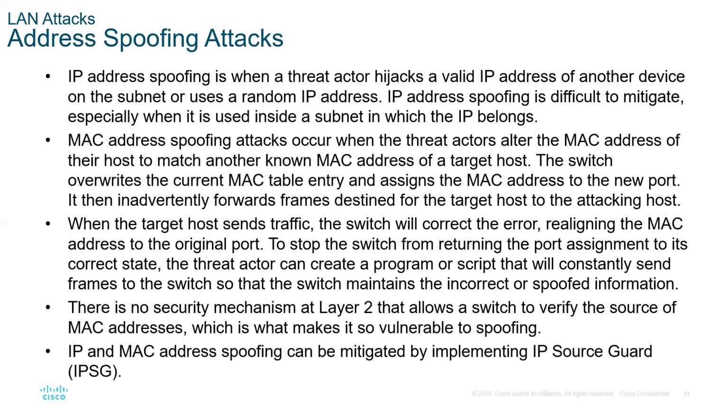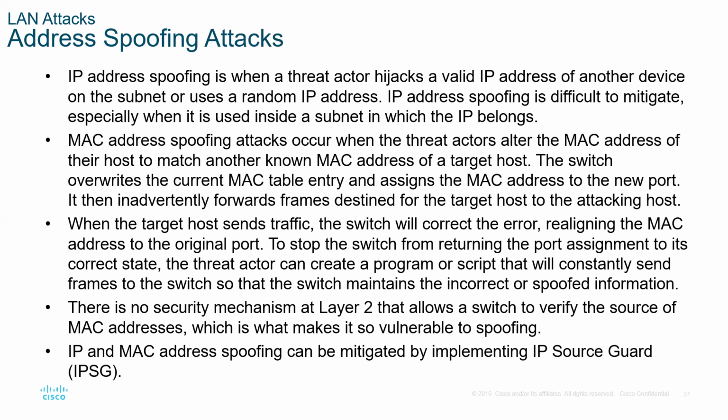Address spoofing attacks, what do we have here? An attacker forges the source address of packets or frames, acting as if it's the address of a legitimate user. That is basically address spoofing.